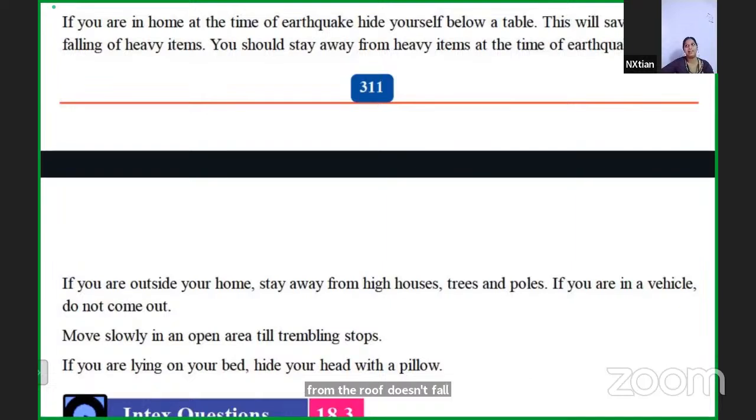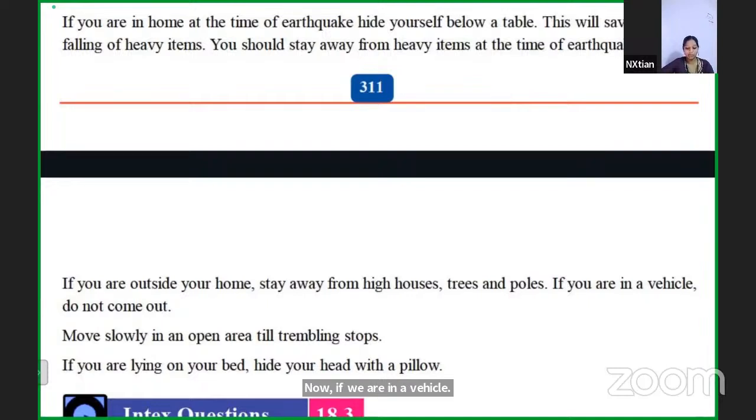If we are outside our home, we should stay away from tall houses, trees and poles, because they might fall.